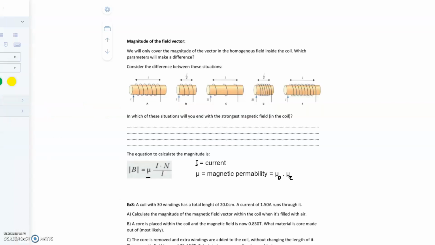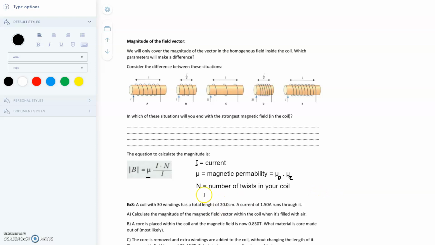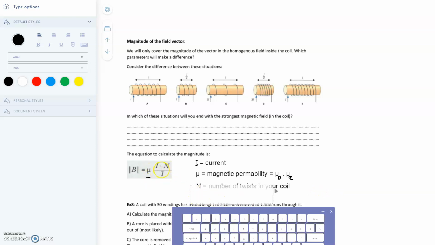The next things are also important. N equals the number of twists in your coil. And the second one that is mentioned in the equation is length, and this is why I actually adjusted my symbol for current. This is the length of the coil in meters in this case.